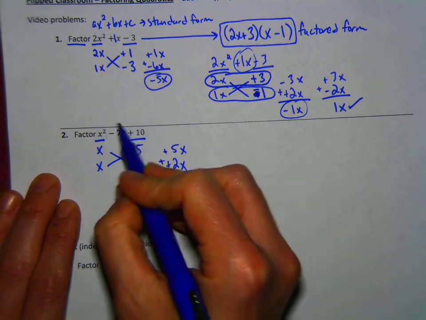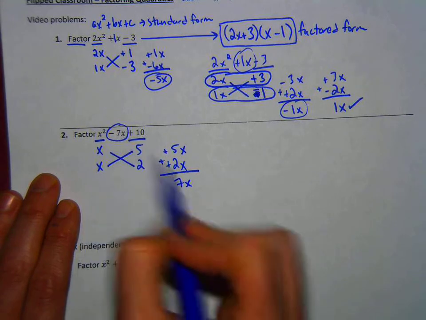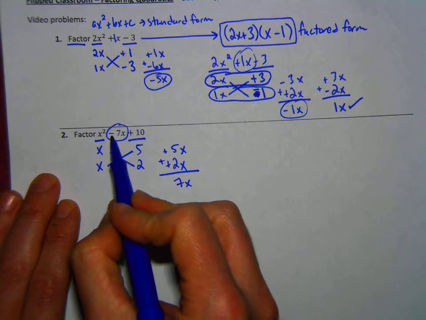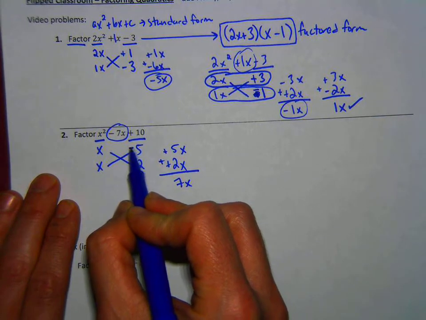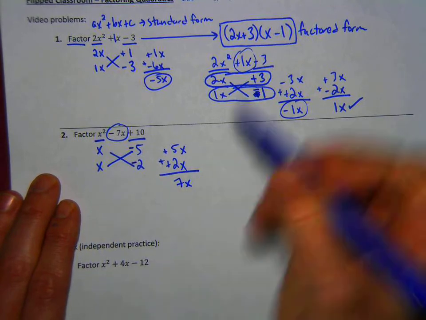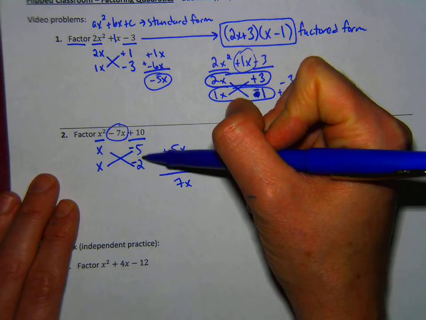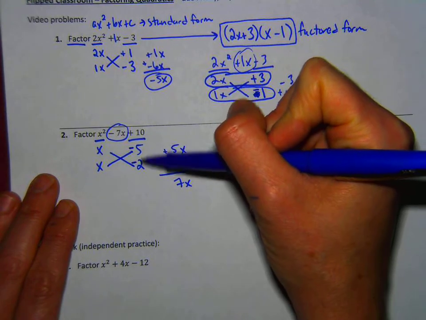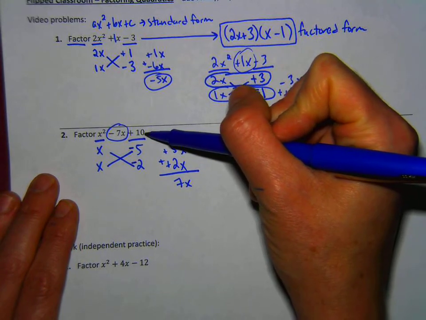Is that equal to this middle term? What I hope you notice is that the numbers are correct, but this needs to be a negative. So this positive 5 needs to be a negative 5, and this positive 2 needs to be a negative 2. But let's make sure that when I multiply these two numbers, I get this last term. What is negative 2 times negative 5? A negative times a negative is a positive, so it is still multiplying to be a positive 10.